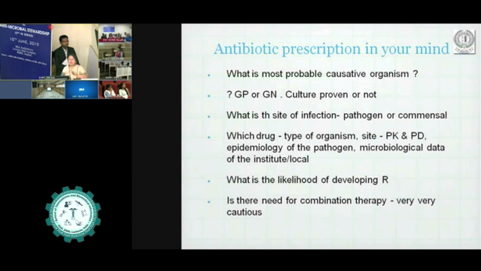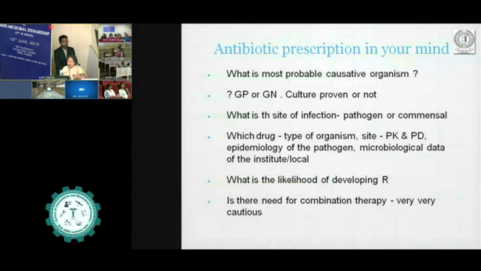So knowing the pharmacodynamics of that antibiotic is very, very relevant, because there are some things which are not indicated by the pharmacokinetics. When we are dealing with multi-drug resistant or drug resistant organisms, the role of pharmacodynamics is important.